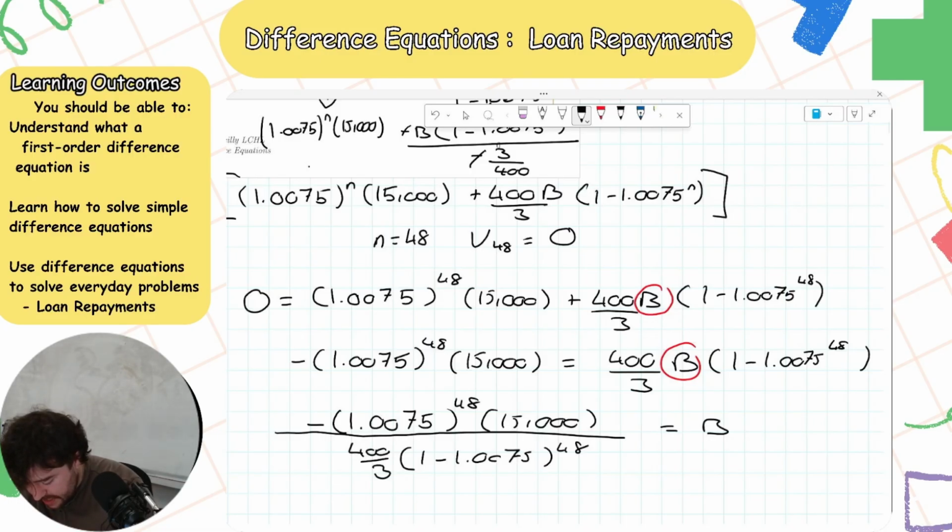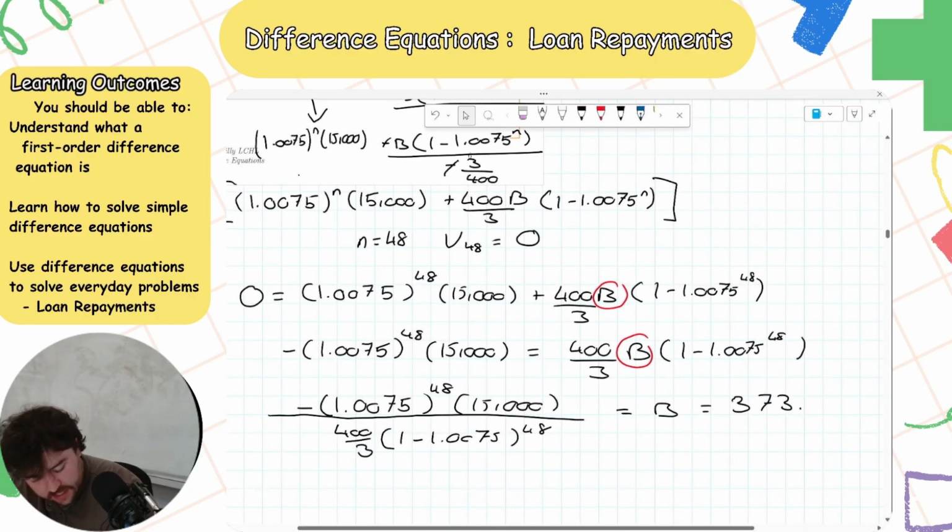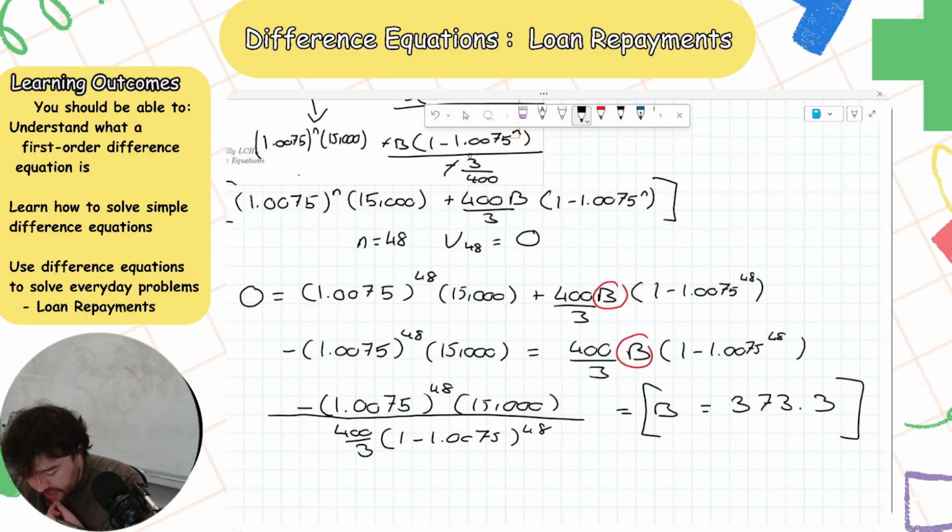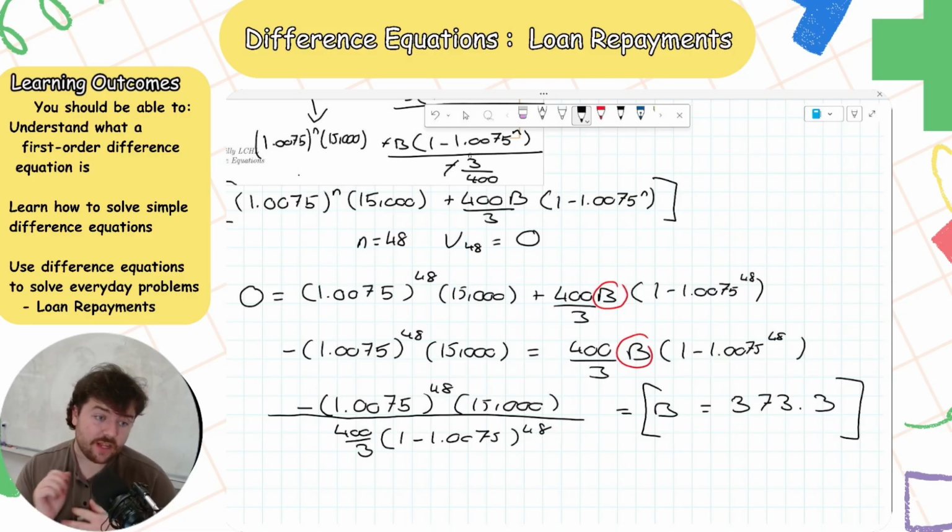And we get 373.3. That is the answer there, and that's how much her monthly repayment was.